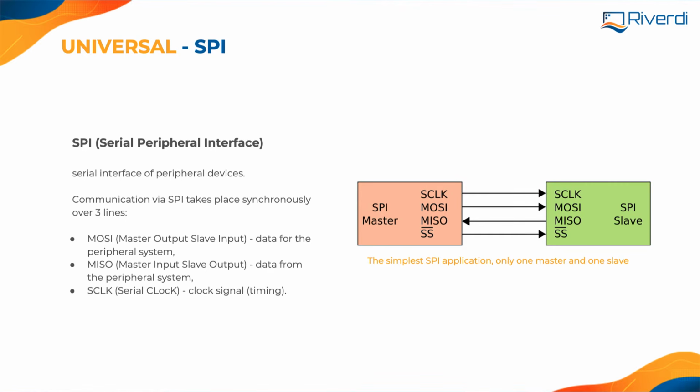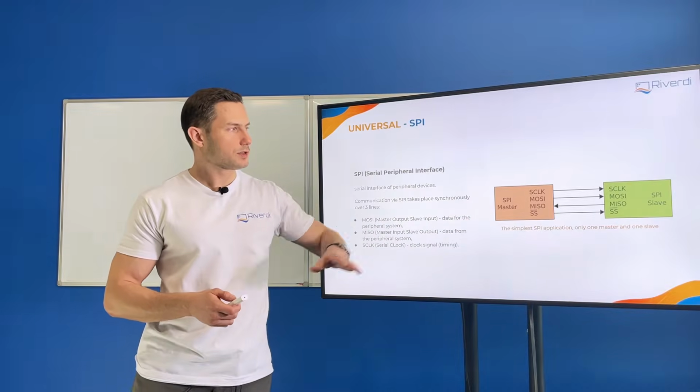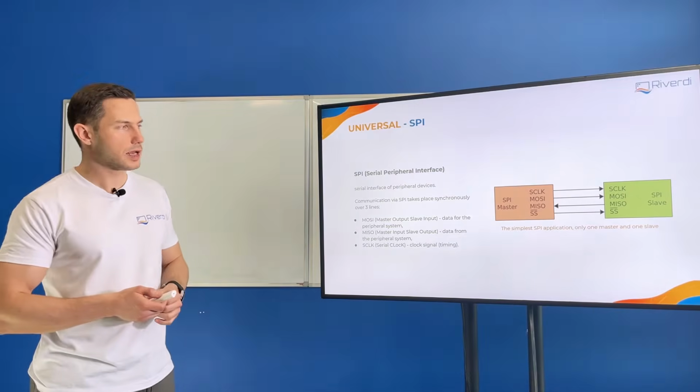So first, the universal interface will be SPI, that is the Serial Peripheral Interface. That means this interface is serial, of course, and it's used to communicate between a host, called the master in SPI, and the devices that we usually call slaves.